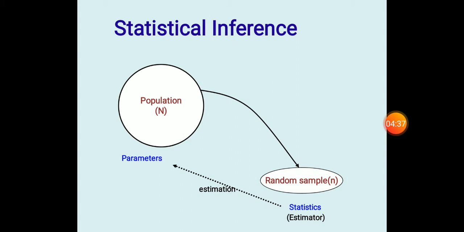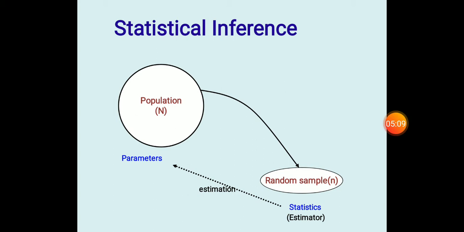We calculated the measure from that sample, and we are telling that this value 11.6, the mean HB value of girls in the sample selected from our college, can be considered as an estimate of the population mean HB value of the whole girls in our college. That is why it is represented as dotted lines, and that process is what we call as estimation.